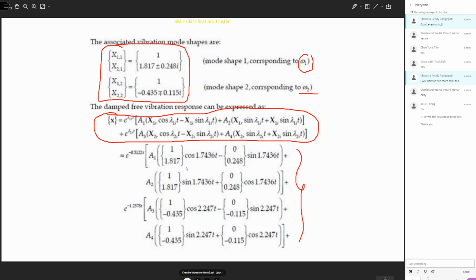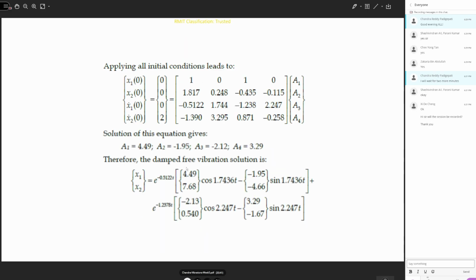Now this equation, you need to solve it. The solution of this equation is only possible by writing it in matrix format. So you will have a coefficient matrix like this. You end up getting 4 simultaneous equations, so you can write them in matrix format.